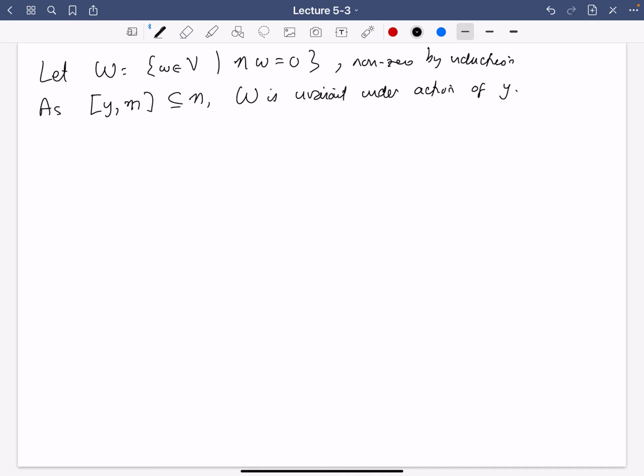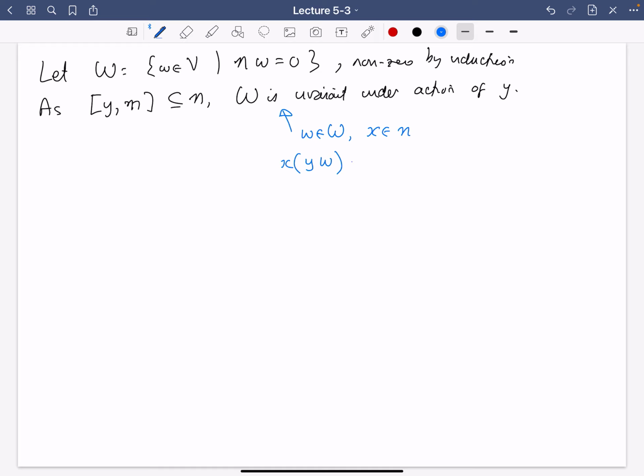So this is not too bad. Let's actually check that. So let's take w in W, and we'll take some x in n. What I've got to do is show that if I hit w by y, that that's still inside this subspace big W, so I have to show that x of it is 0.